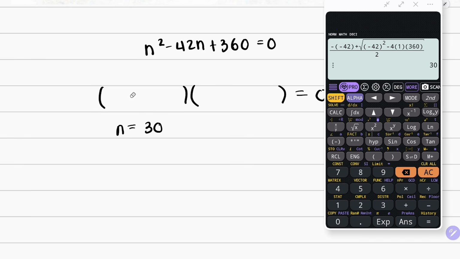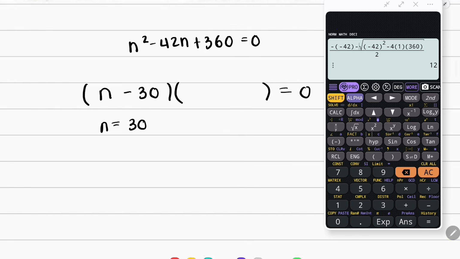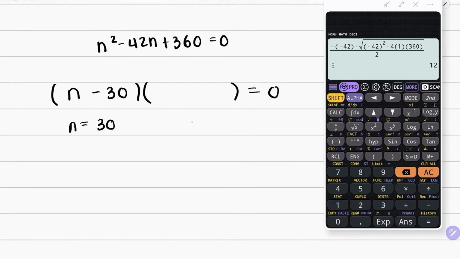So what does that say about the factor? The factor was n minus 30. And then here we can change that to a minus, and we can see that the second one is 12. So that means n was equal to 12, and the factor is n minus 12.